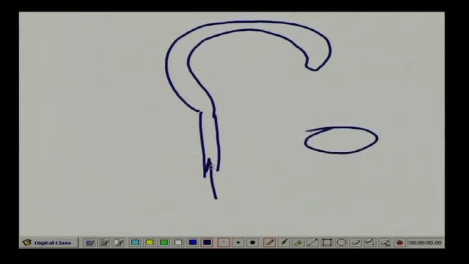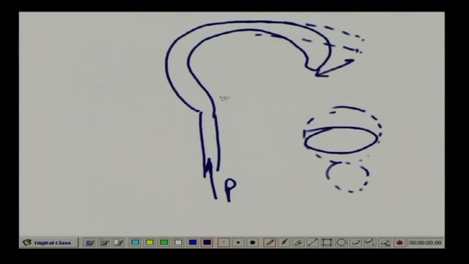Now, if you increase the pressure here, the tube will try to become circular, that means it will have a circular form like this one. Accordingly, the tip of our tube will move in these directions. This movement of the tip can be utilized to move some pointer on the scale.